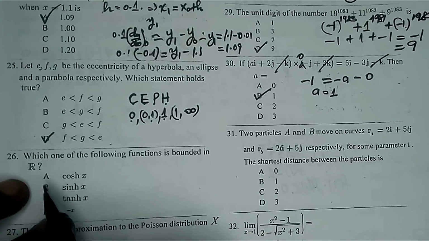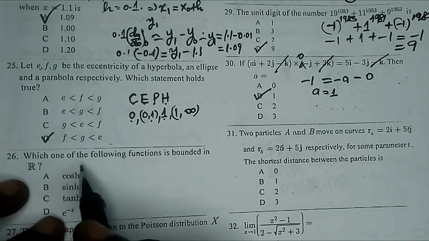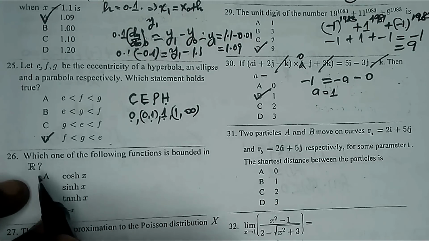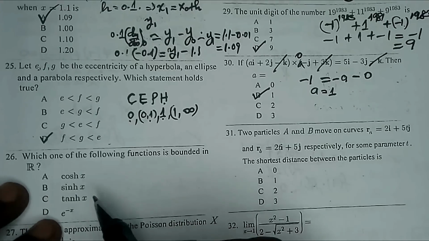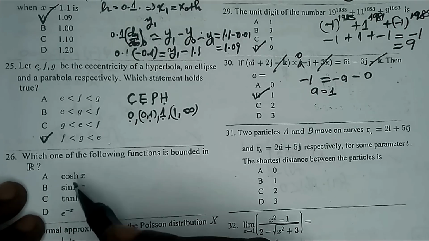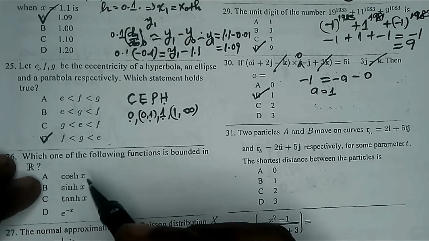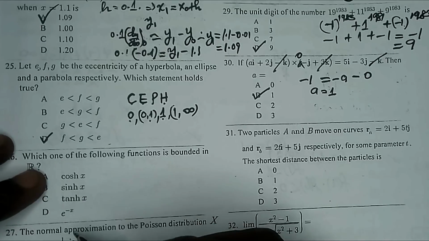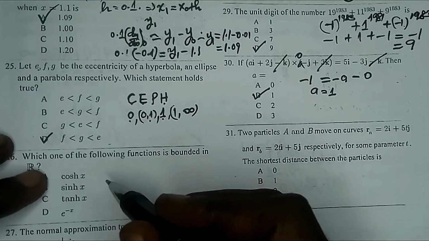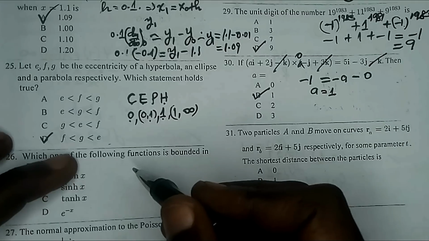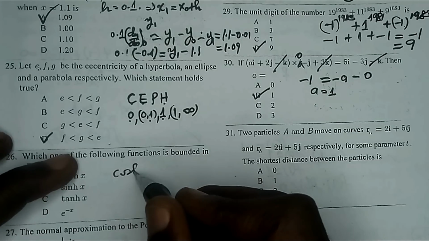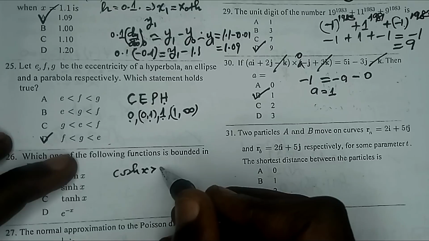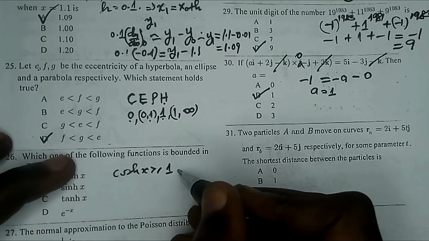For number 26, which one of the following functions is bounded in R? This is simply testing your knowledge of all these standard curves, the standard curves of these functions, which you are supposed to know. Cos x is not bounded. We just have that cos x is greater than or equal to 1.